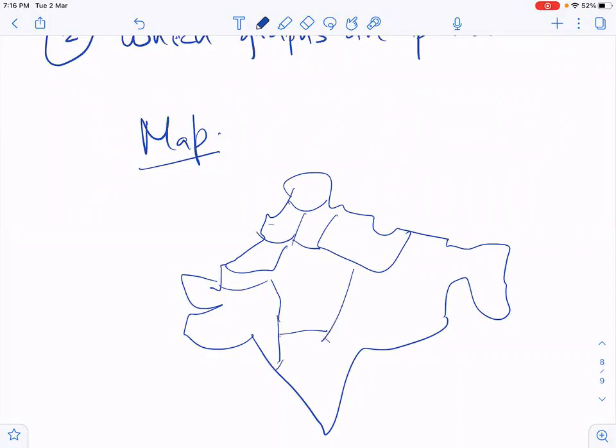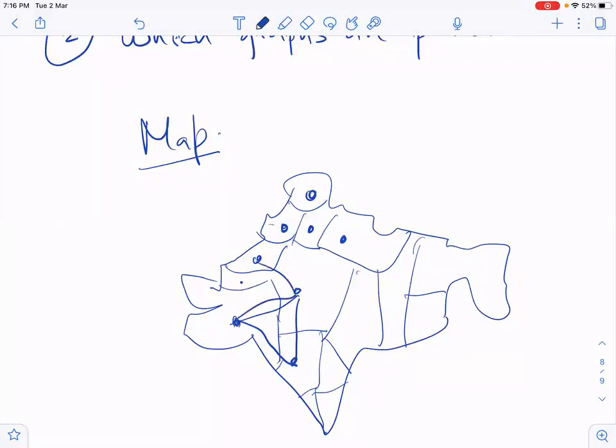Now, if I think of every possible state as a different vertex, and I draw an edge between two vertices if these two states share a common border, in that case, what you will get is a planar graph. So a map gives you a planar graph.